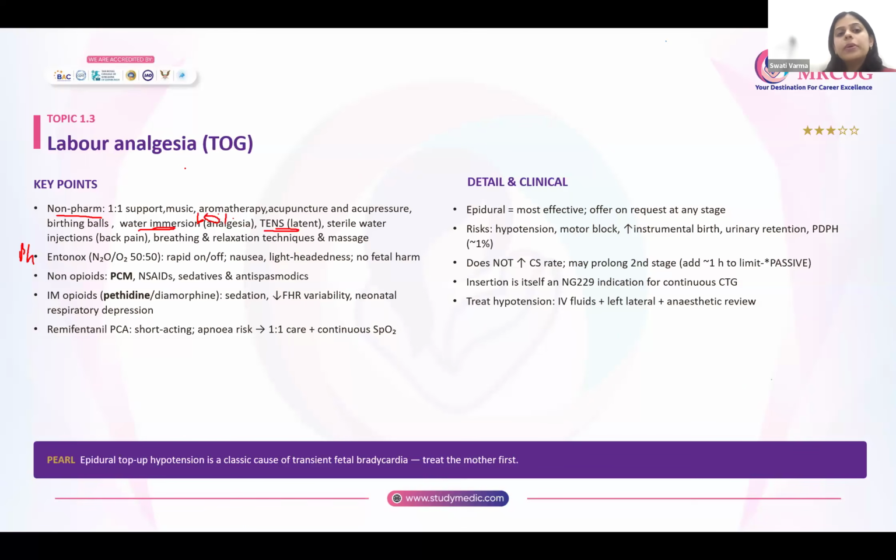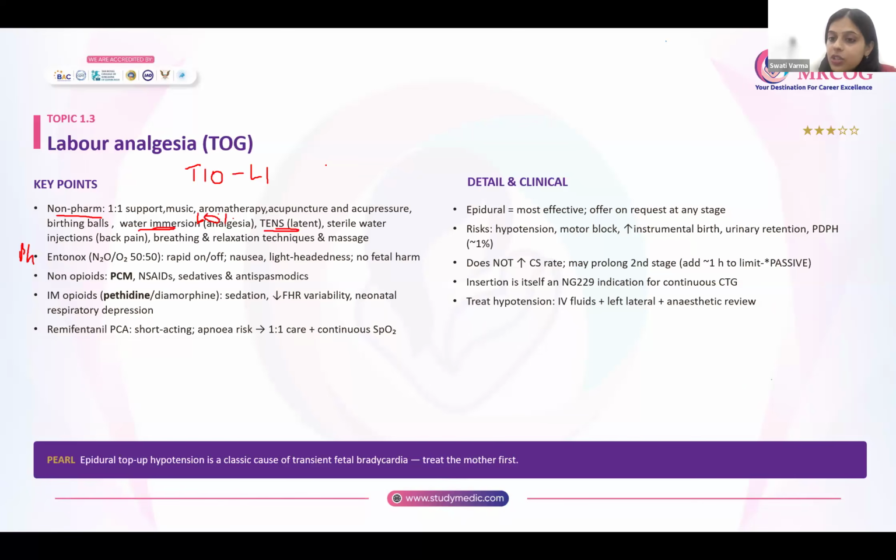Now, to know about labor analgesia, it is also very important for us to know about the pathways. In first stage of labor, mainly the uterus is contracting and the nerve pathways involved are T10 to L1.